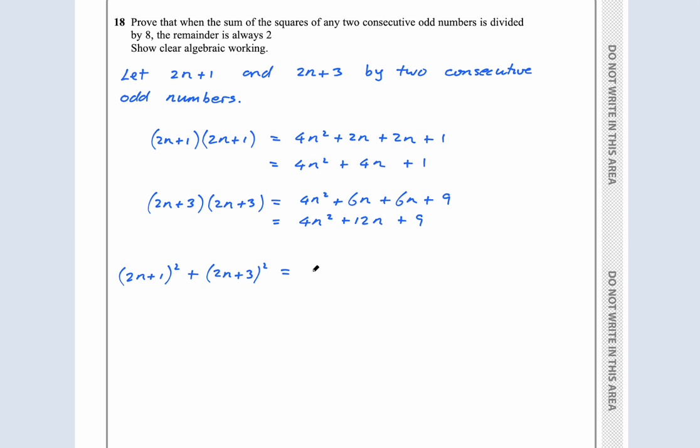4n squared plus 4n squared is 8n squared. 4n plus 12n is 16n. And 1 plus 9 is 10.